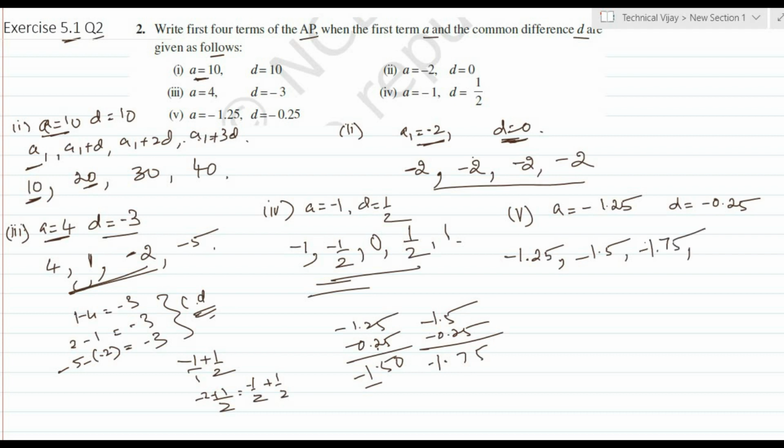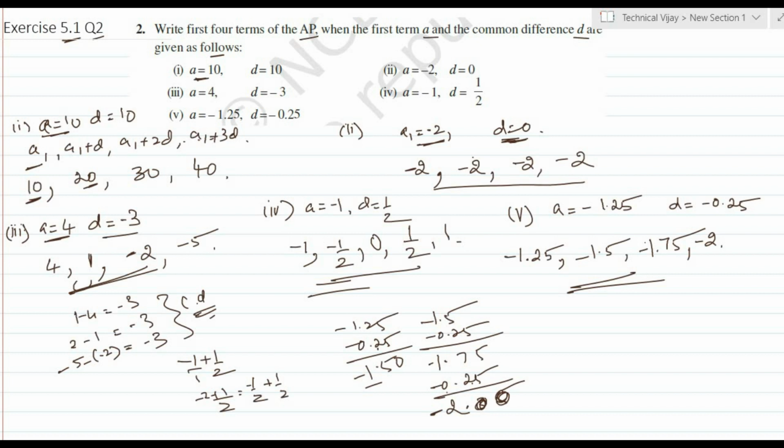Then minus 1.75 plus minus 0.25, this is minus 2. So these are the 4 terms.